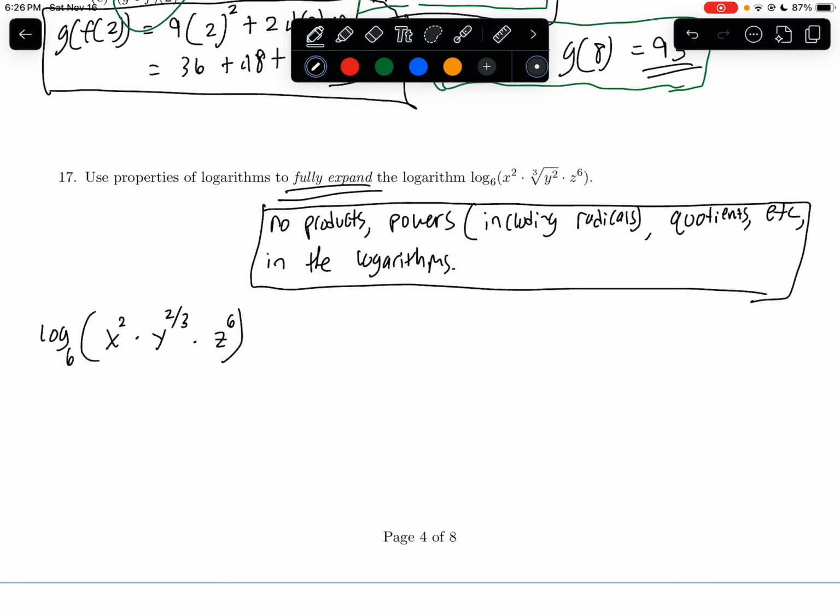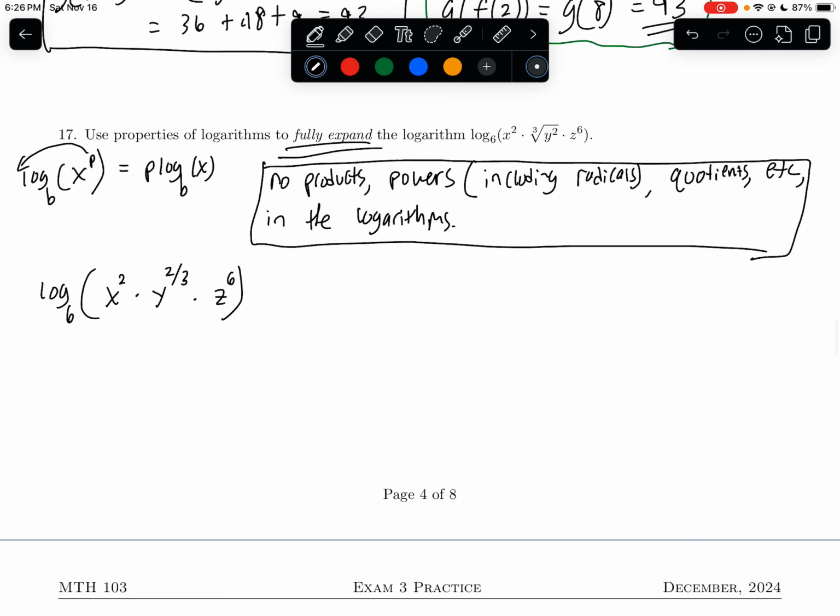And now that we have them all in terms of powers, we can apply the power rule, I guess you can call it. If you have a variable to a power p, the exponent moves in front of the logarithm, keep the same base, and then you have log base b of the variable.